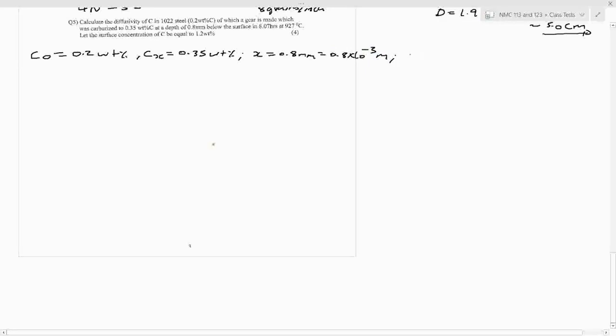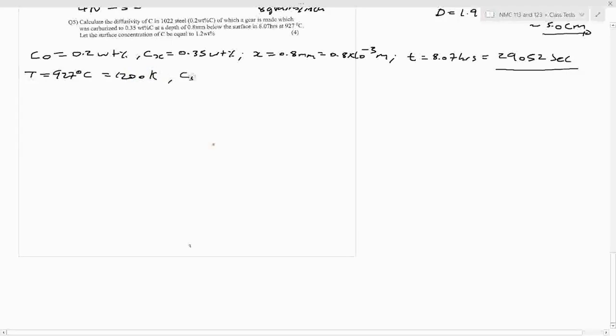And we have the given time, which is 8.07 hours, which in turn is 29,052 seconds. And we have the temperature, which is 927 degrees Celsius, which in kelvins is 1200 kelvins.